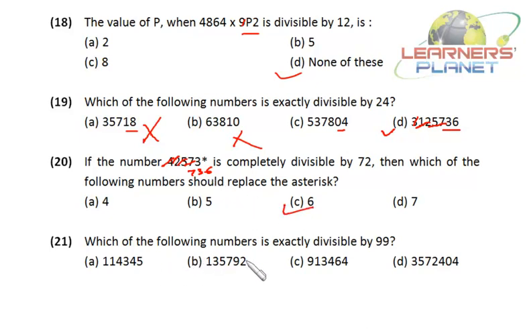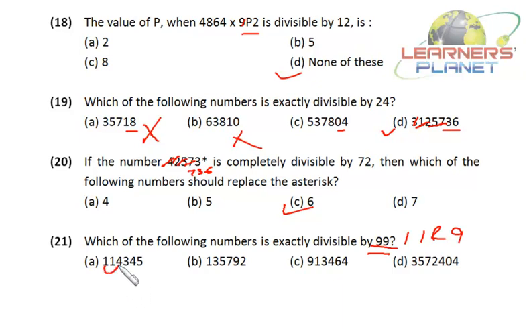Okay, now which of the following number is exactly divisible by 99? Now a number to be divisible by 99, it should be divisible by both 11 and 9. Now let's check the first number, 114345. It's 1 plus 1 is 2, plus 4, 6, and 3, 9, 4 and 5, 9. That means the number is divisible by 9. Now let's check it for 11.